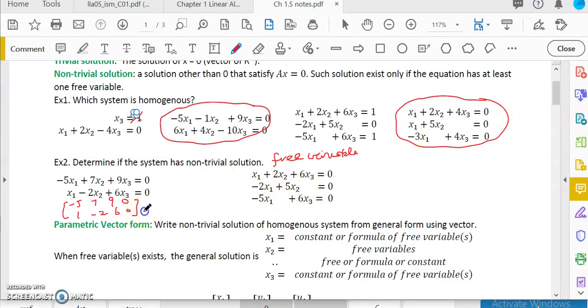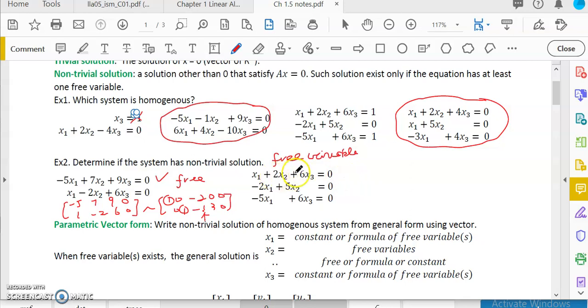So obviously it has two pivot columns and this is a non-pivot column, so this is a free variable, right? So this would have a non-trivial solution.